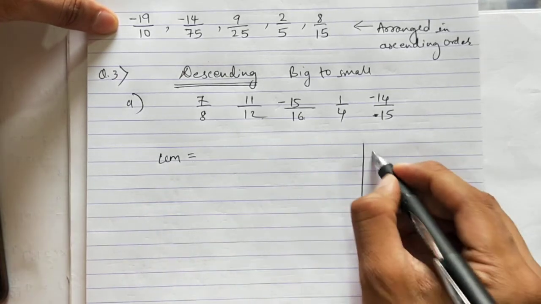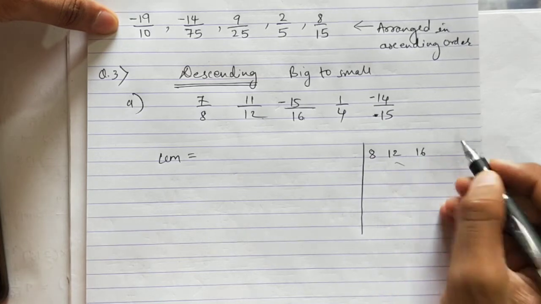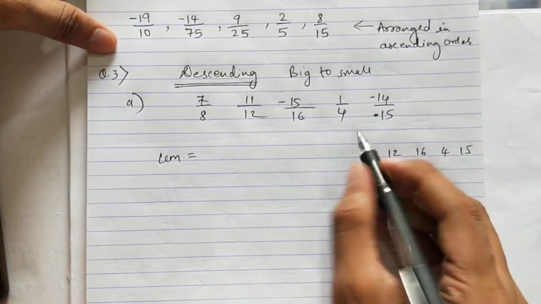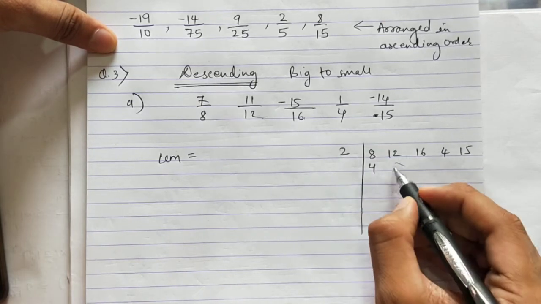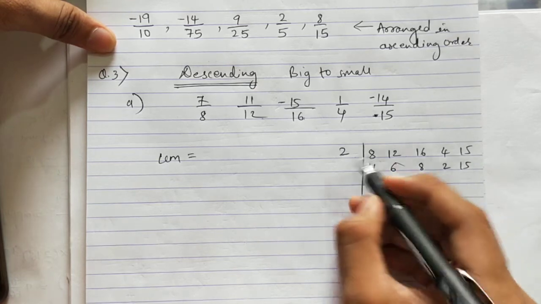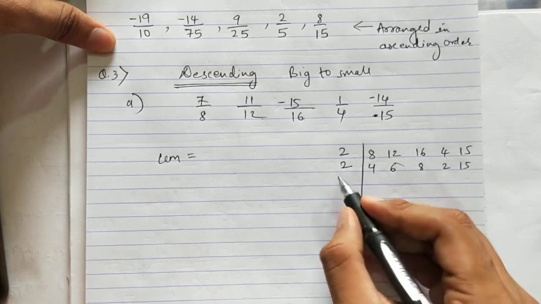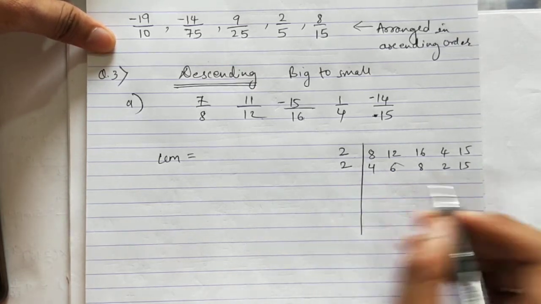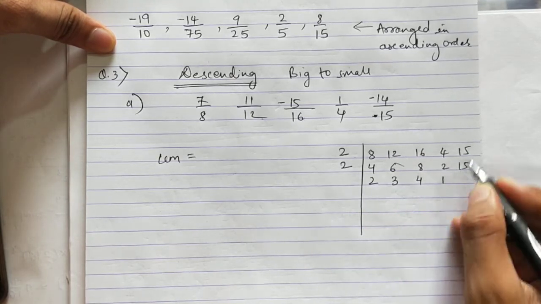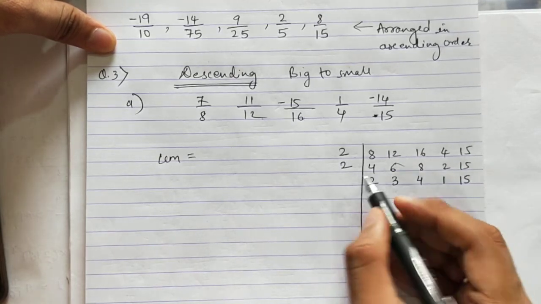of denominators. So 8, 12, 16, 4, 15. Okay. Let's start with 2. So 2 4s are 8, 2, not divisible. Again 2. As much as possible you have to keep doing it. Okay, so 2 2s are 4, 2 3s are 6, 2 4s are 8, 2 1s are not possible.